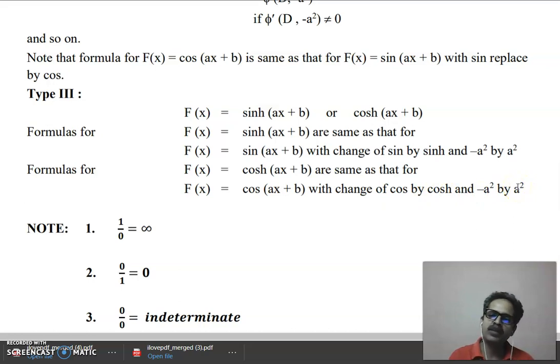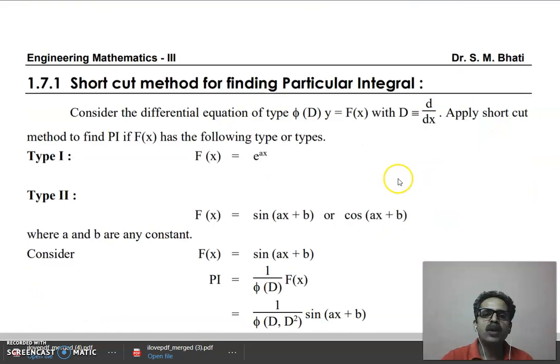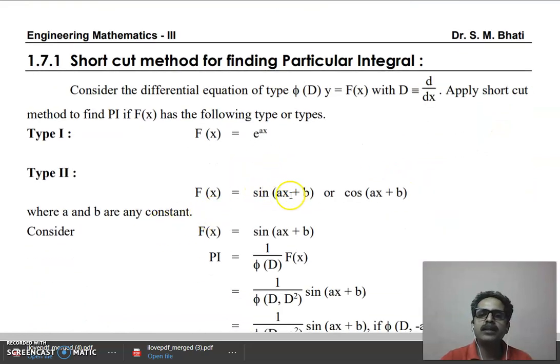That is, again the formulas are the same. We have to replace d square by a square. That is, in type 2, when f(x) is sin(ax+b) or cos(ax+b), you have to replace d square by minus a square and keep d as it is.